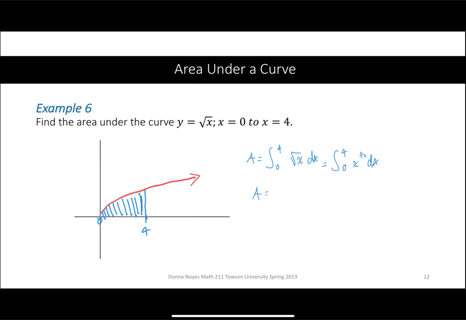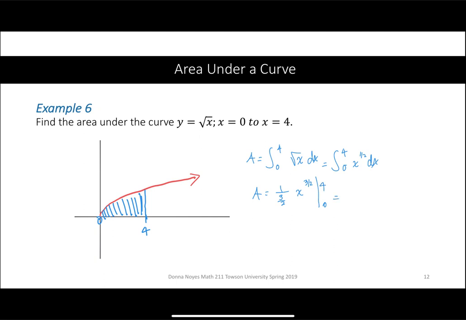And when we do that, we can use our power rule from integration, where we say that that means this was 1 over the new power. Well, x to the 1/2 plus 1 gives us x to the 3/2. So we get 1 over 3/2, x to the 3/2 from 0 to 4.